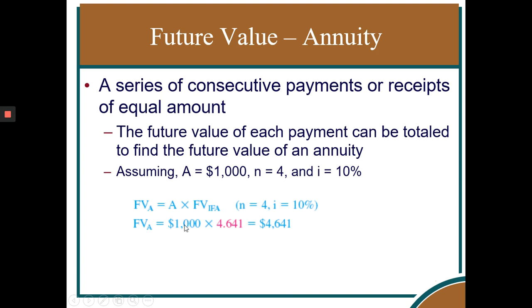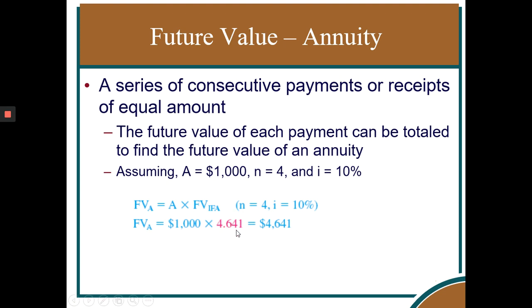So your annuity is 1,000 and your future value annuity is annuity times the factor. Previously it was FVIF, right? Now you have FVIFA, which indicates this is an annuity question. So instead of using the future value table, you will be using the future value annuity table to calculate this.